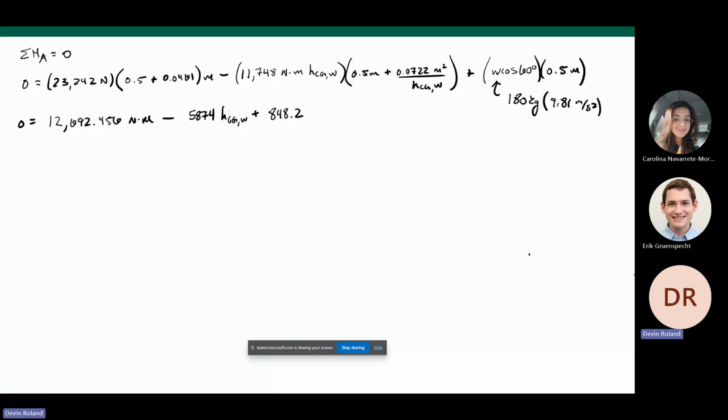Okay. And then we're going to add to that this weight term, 180 kilograms times 9.81 times 0.5, which is 882.9.